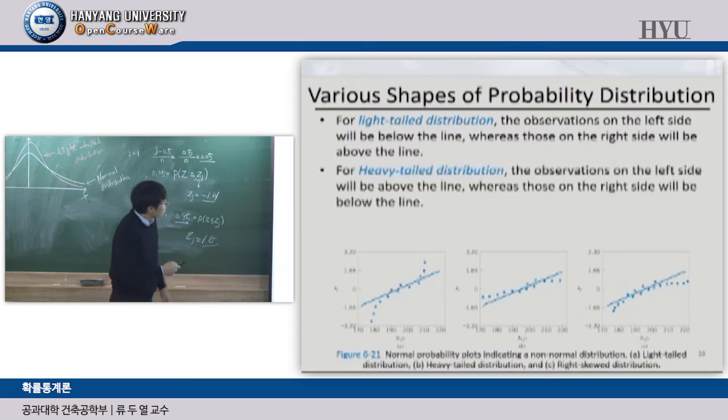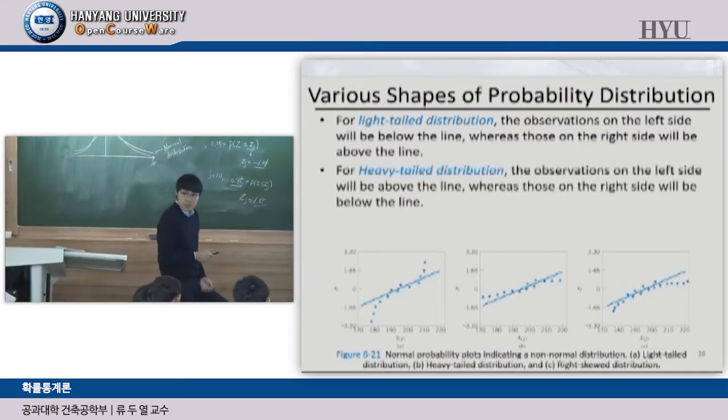And the second one is the heavy-tailed distribution. In this case, the observations on the left side here are above the line, whereas those on the right side here are below the line. This is exactly reverse to the previous light-tailed distribution.